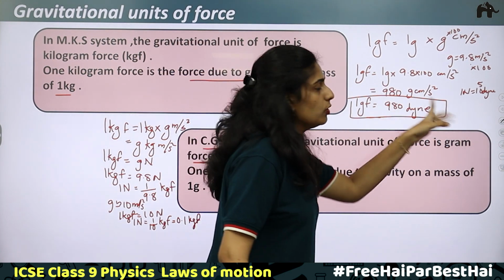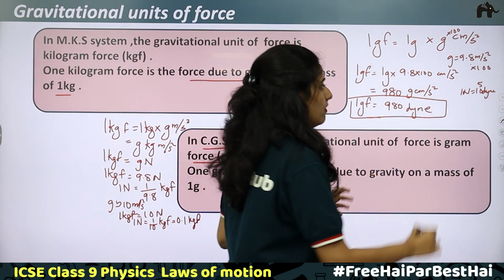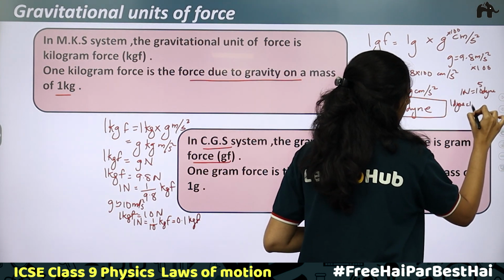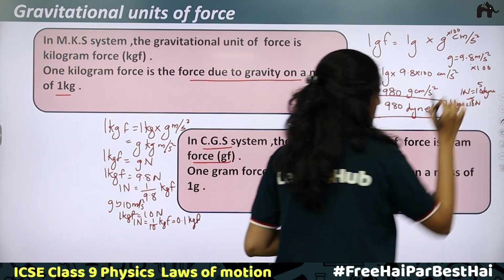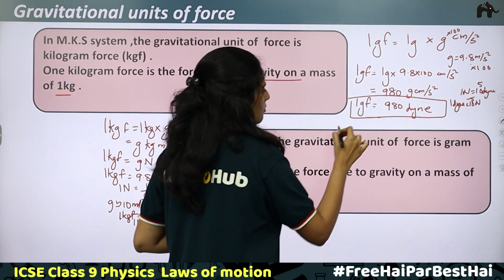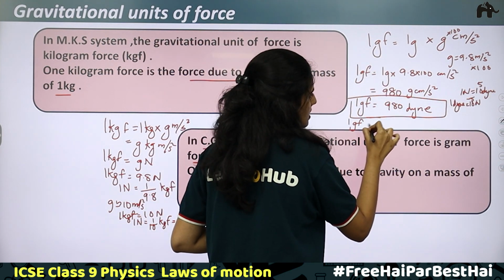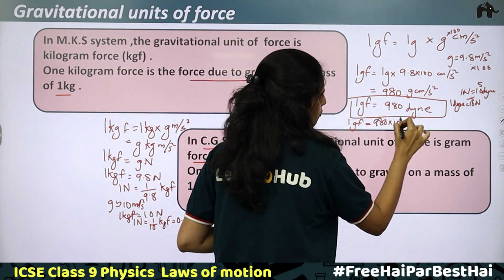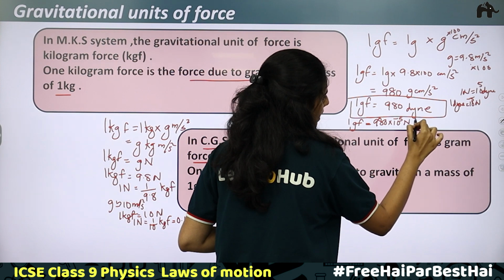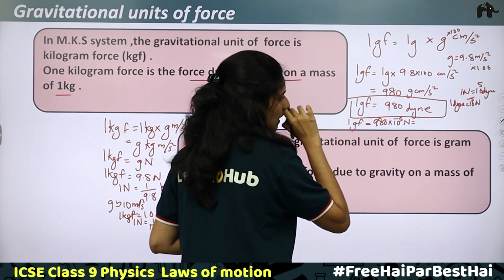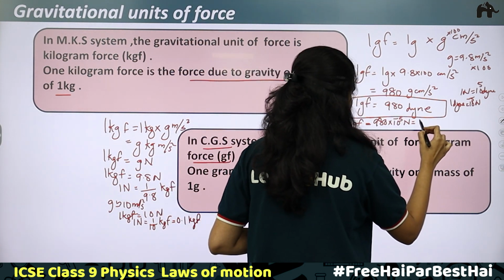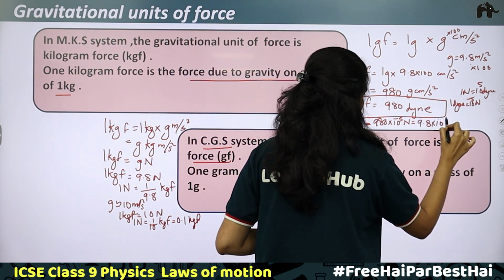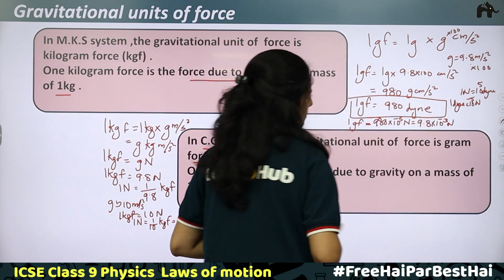Then how do you get it in Newton? We'll be having 1 dyne is equal to 10 raised to minus 5 newtons. So converting, we get 1 GF is equal to 980 into 10 raised to minus 5 Newton, that is equal to 9.8 into 10 raised to minus 3 Newton.